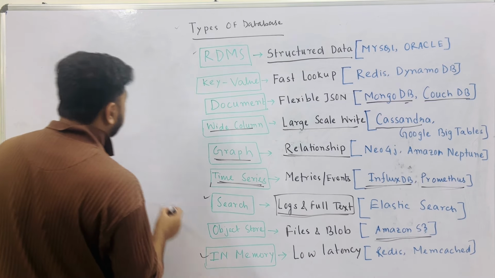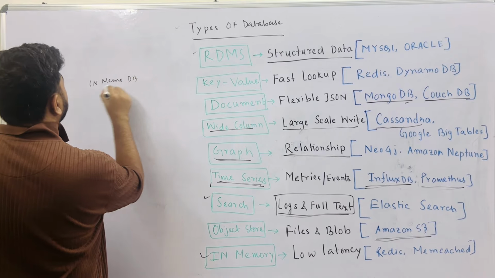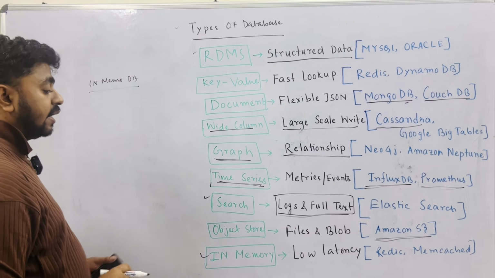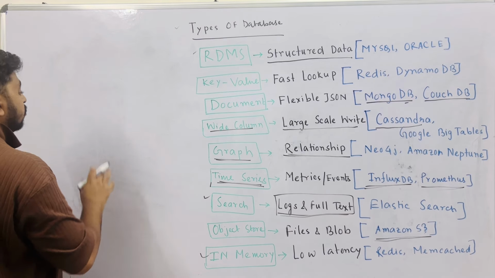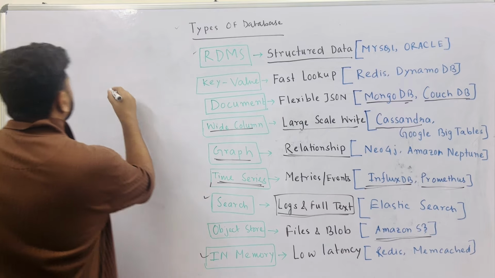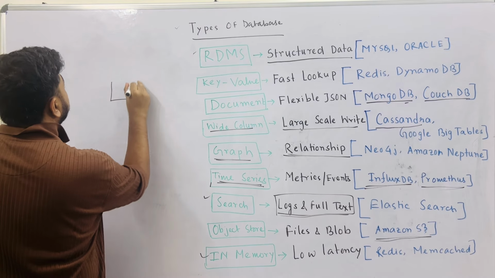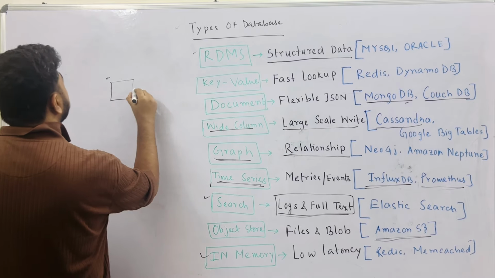Next is the in-memory database. What happens in an in-memory database? Whenever you need very low latency, meaning very fast access to the data. By its name, it is telling you it stores the data in its own memory, that is RAM.